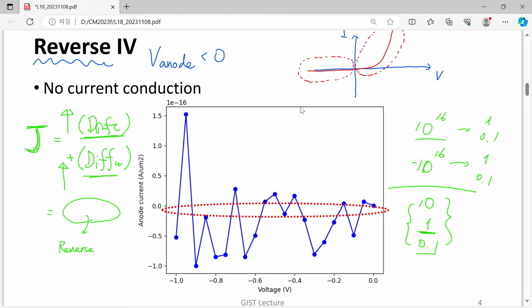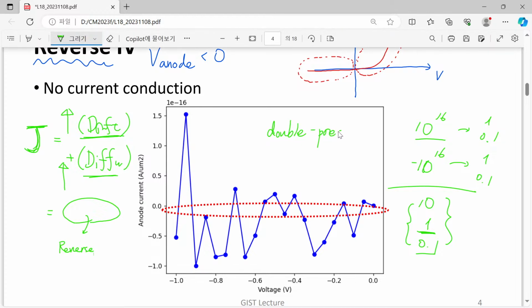What usually I do is just use double precision calculation. When you increase the precision of your numbers beyond double precision, you can use a more accurate description of your floating numbers, and then immediately you get a much better result.